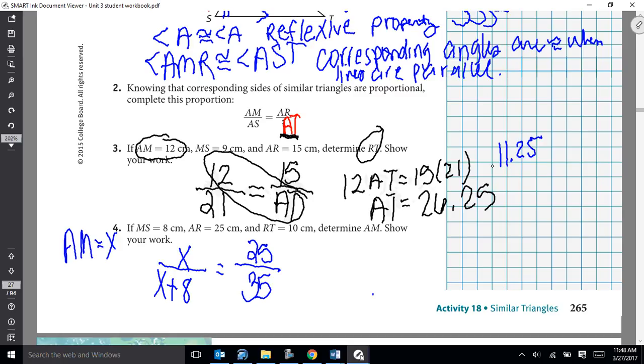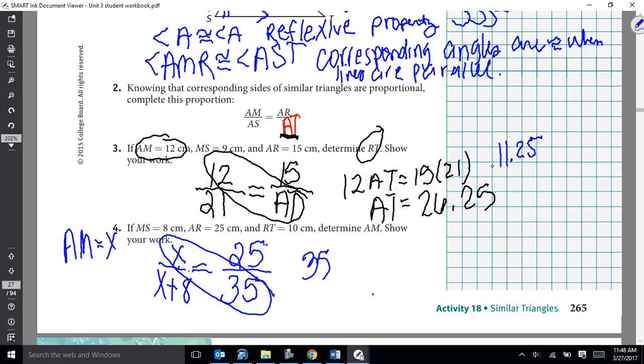All right, so now we're just going to cross multiply and divide. So 35 times x equals 25 times x plus 8.